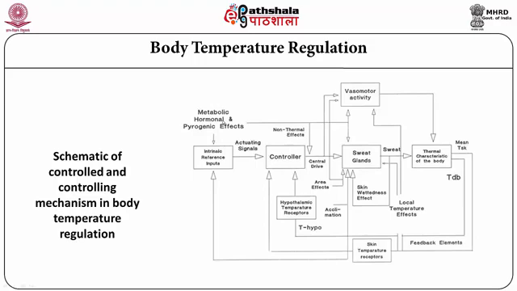As I said, the metabolic functions, hormonal disturbances, everything can add to the total activity of the brain, which are central in nature. There are certain local areas which add to the sweat gland activity. The skin gets wet, and when the skin gets wet, your loss of heat becomes less. There are receptors on the skin surface which send the signal to the higher center. There are also receptors at the higher center that reciprocate to send the signal to the skin in order to make a balance of the regulation.